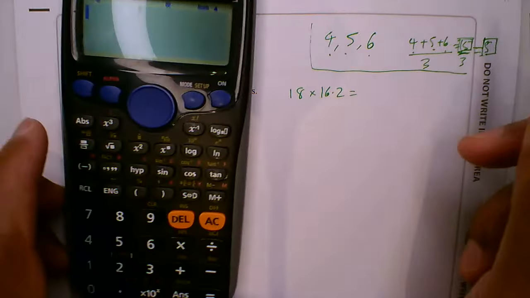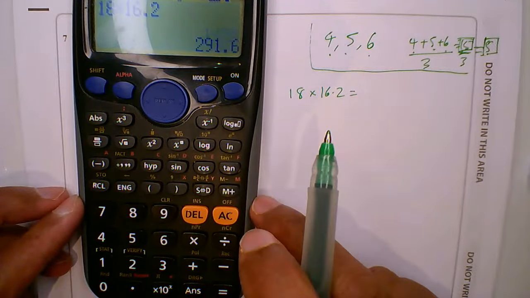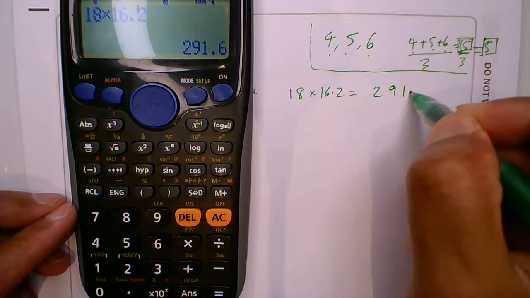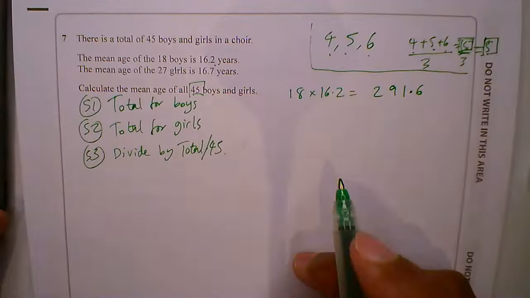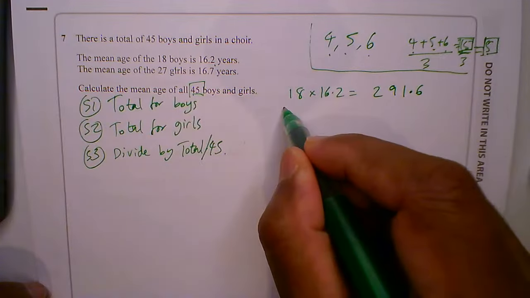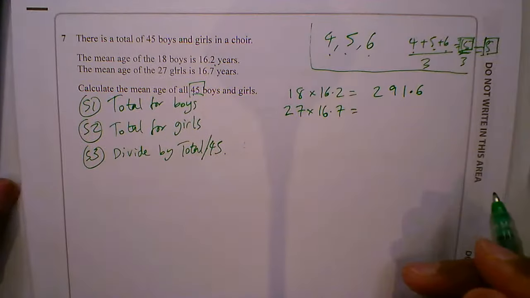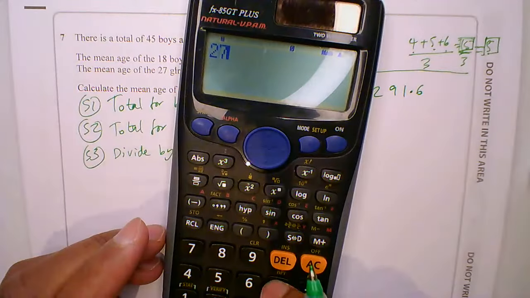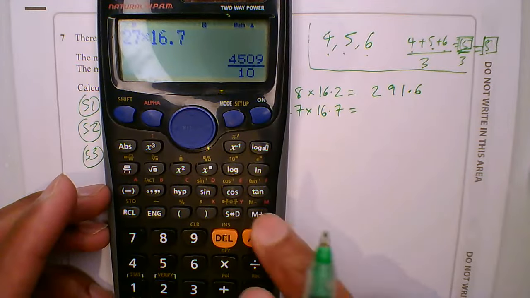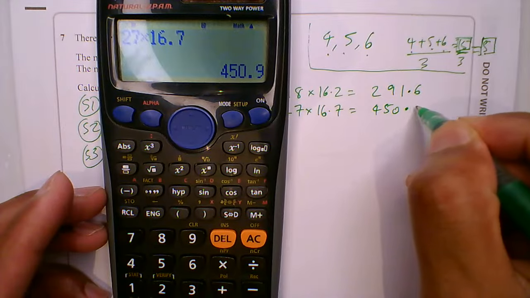Let's use a calculator, see what we get. Gives us 291.6. And let's do the next one, which is 27 times 16.7. That gives us 450.9.